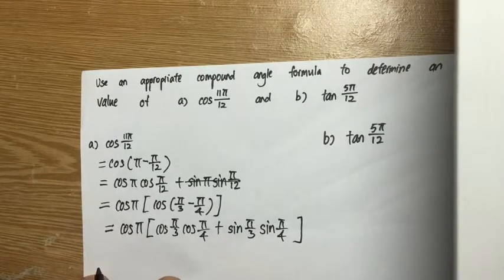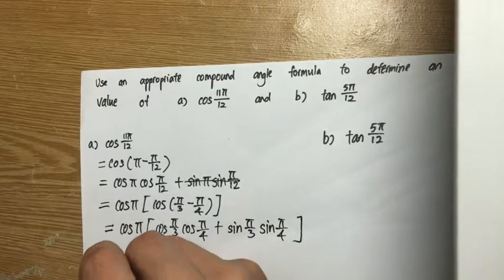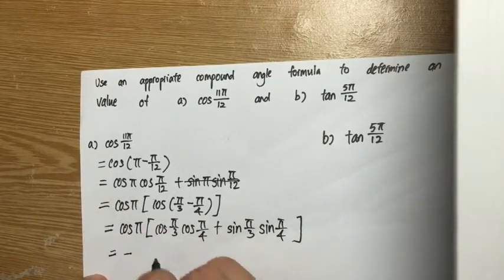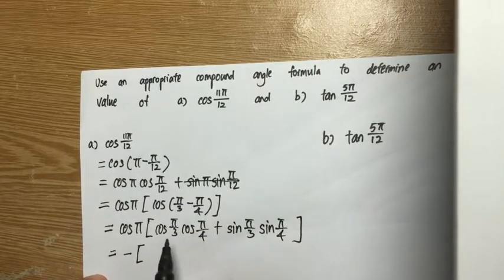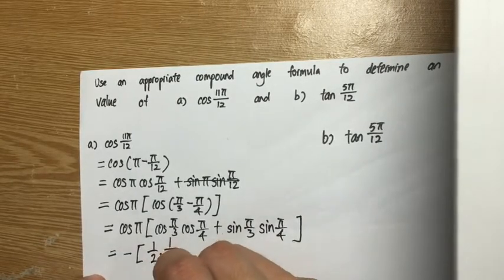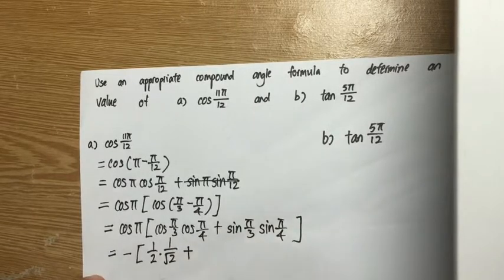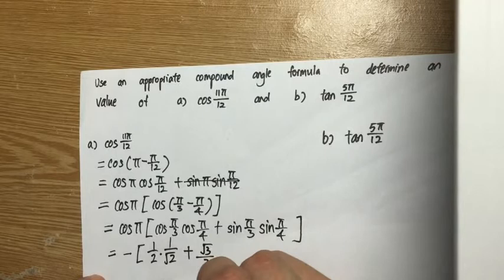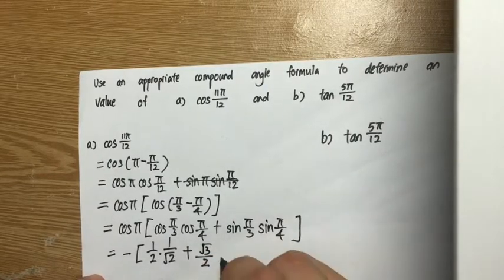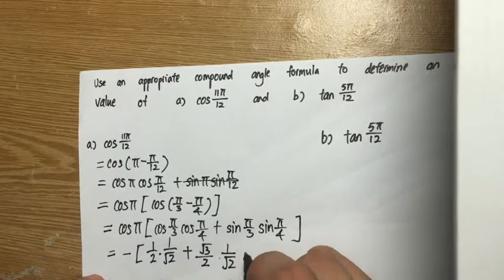By simplifying this entire expression, we will get cos pi, which is negative 1, multiplied by cos pi over 3, which is half, cos pi over 4, which is 1 over root 2, plus sine pi over 3, which is root 3 over 2, times sine pi over 4, which is 1 over root 2.